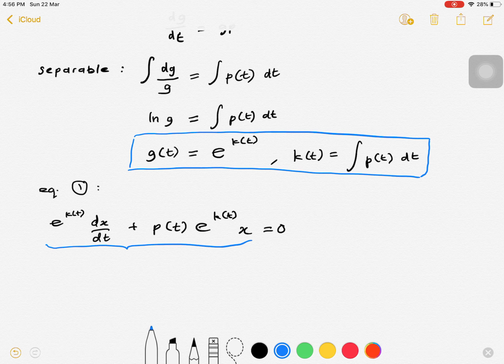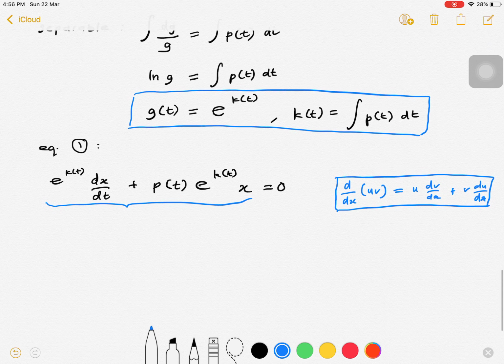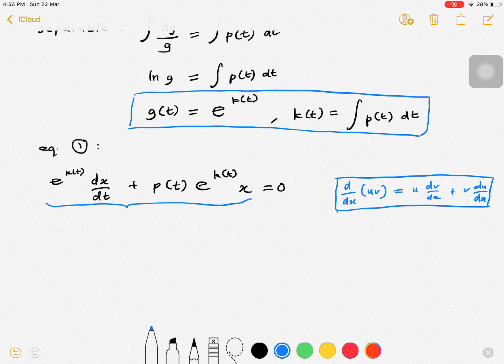So it's like d(uv). So we will have u dv/dx plus v du/dx, right? So this is the formula. So what we will have is, we can know what uv is.